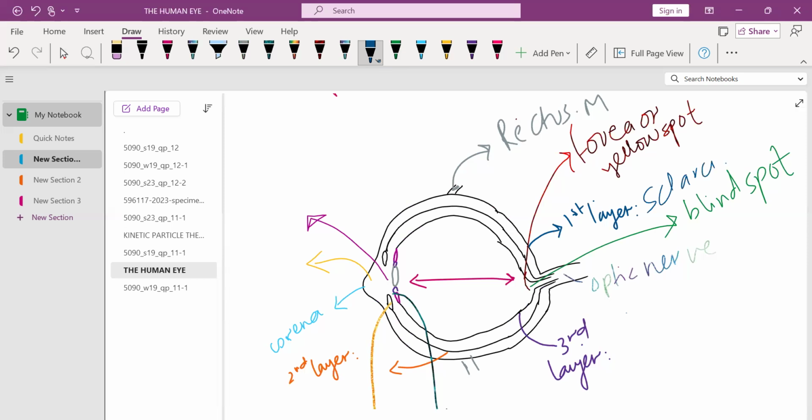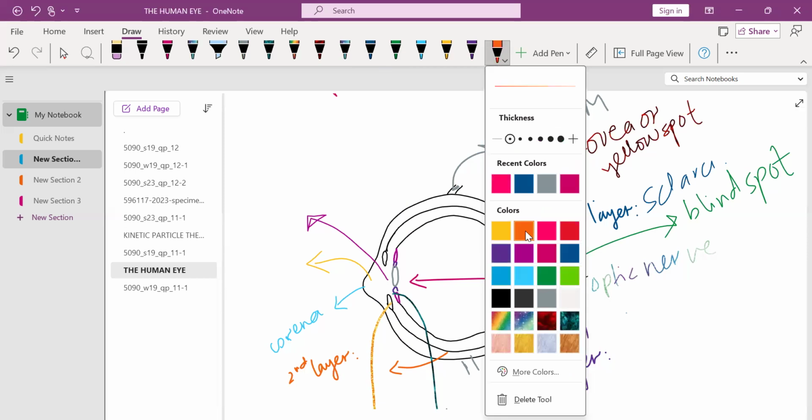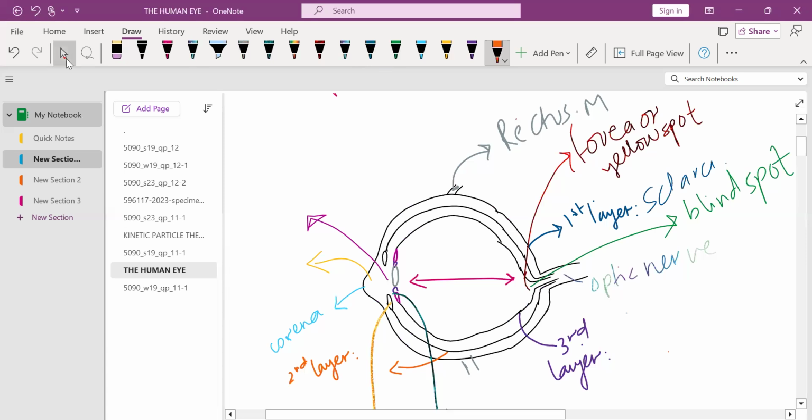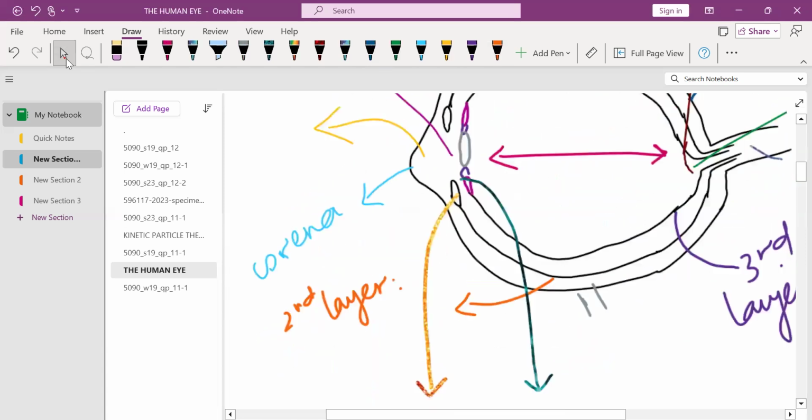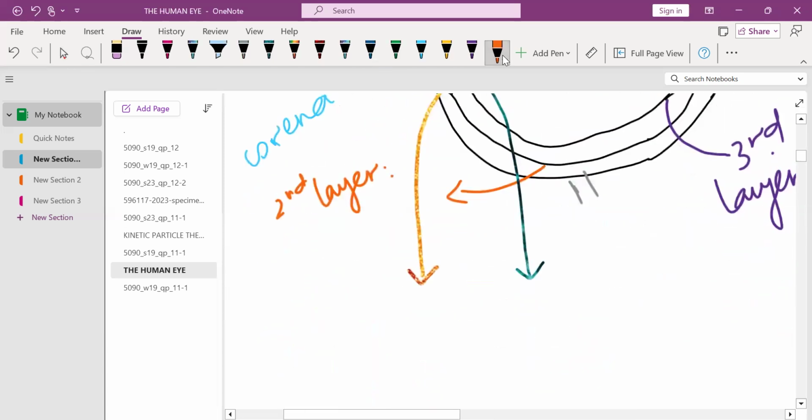Then the second layer of the eye, which I have highlighted using orange color, is known as the choroid layer. This is the second layer of the eye.